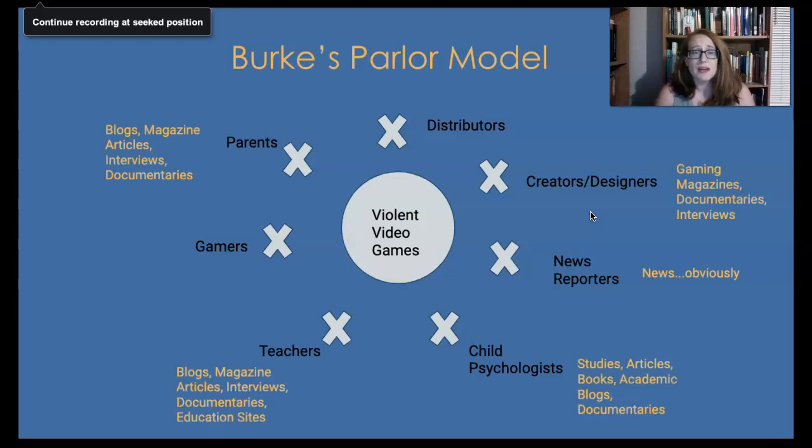Parents, you might see some of them in blogs, interviews, documentaries. Gamers or creators and distributors, you might find in gaming-specific magazines, documentaries. News reporters would be in the news, obviously.